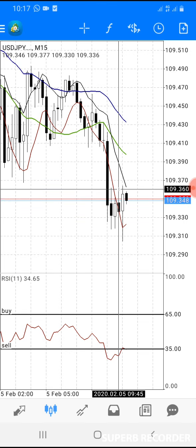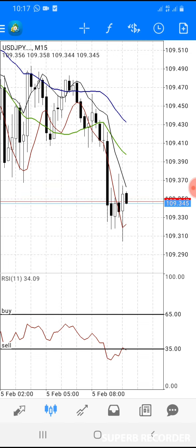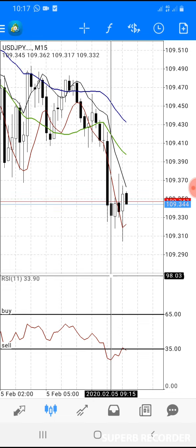Where do you put your take profit and where do you put your stop loss? Okay, it's very simple. Let's say you enter a sell, like right here.